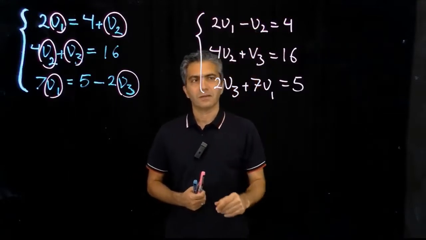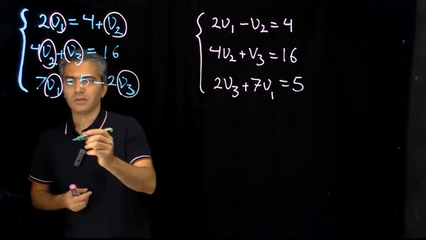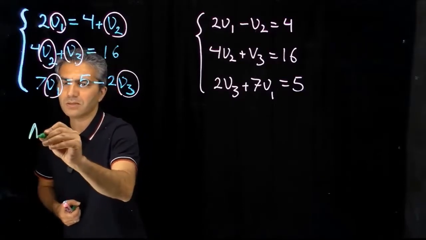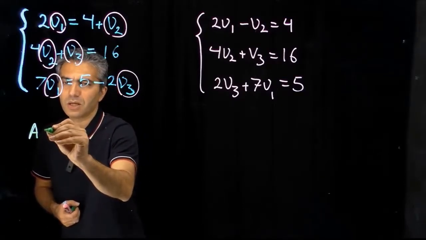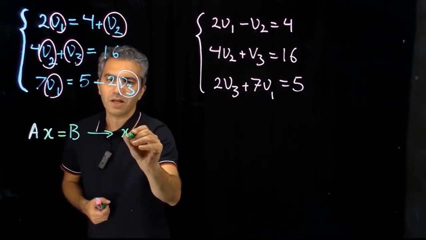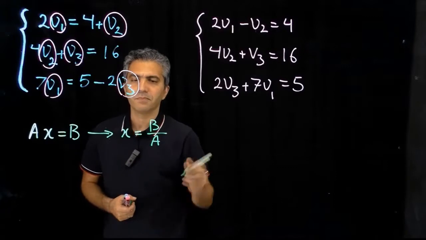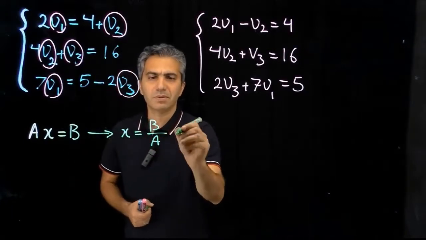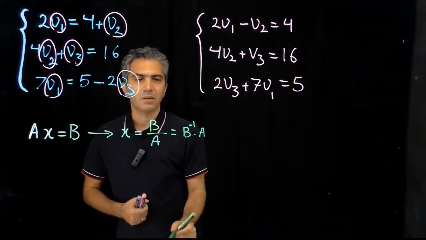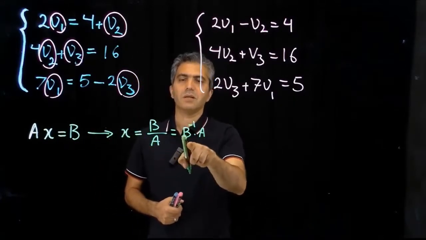Once I have this set, I'm going to explain to you something that most likely is obvious to all of you. If I have one equation that says a constant A times an unknown X is equal to B, we all agree that the value for the unknown is equal to B divided by A. You can rewrite the same solution in this form: the inverse of A multiplied by B, A being a constant in this specific case.